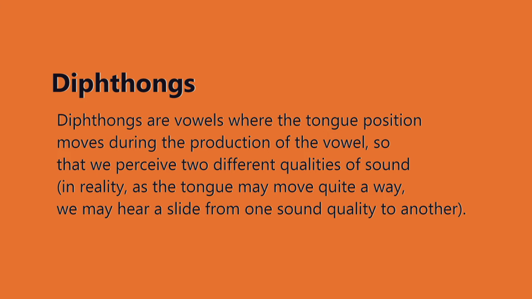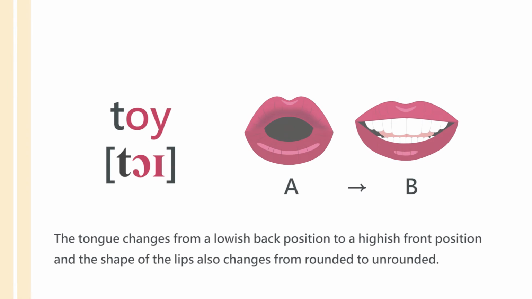In fact, the position of the tongue throughout the pronunciation of a diphthong may shift quite a long way. For example, in the word toy, the tongue changes from a low back position to a high front position. Low back, high front. And the shape of the lips also changes from a rounded O to an unrounded shape.